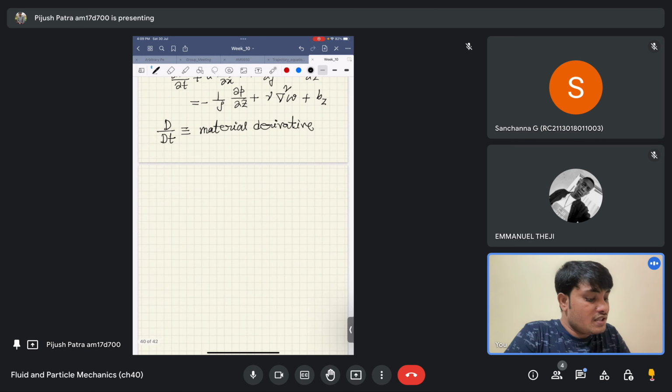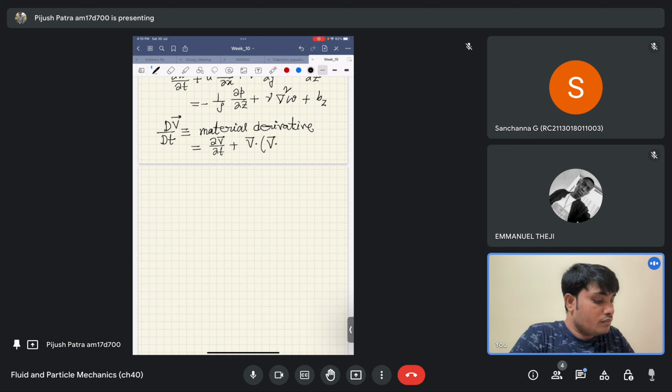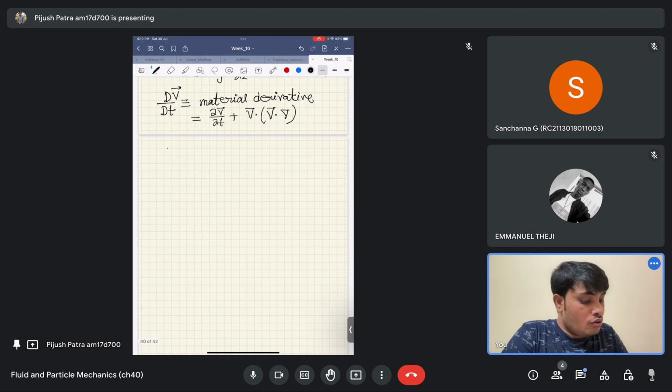So what is this material derivative? You can write it as ∂v/∂t plus v, if I call it v, dot del. So what is the material derivative of u?